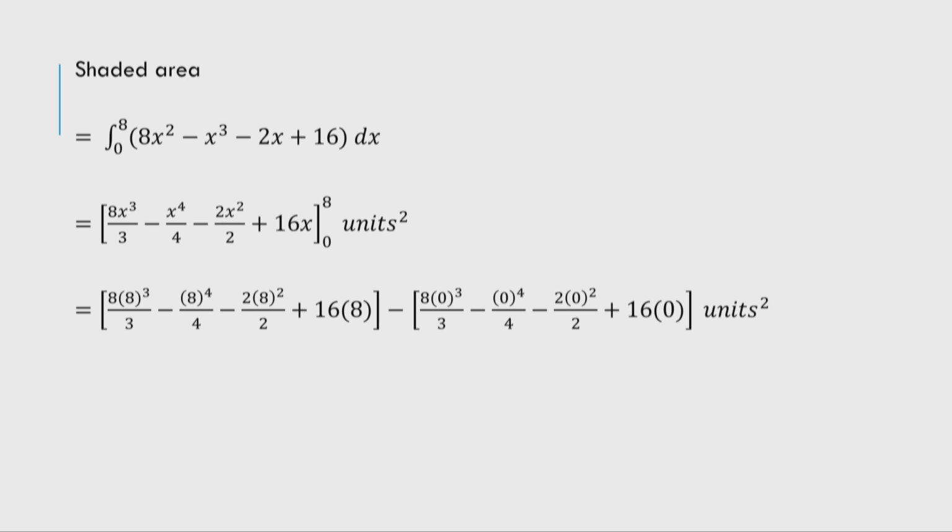Substituting the limits, we get 8 into 8 to the power of 3 over 3 minus 8 to the power of 4 over 4 minus 2 into 8 to the power of 2 over 2 plus 16 into 8 minus 8 into 0 to the power of 3 over 3 minus 0 to the power of 4 over 4 minus 2 into 0 to the power of 2 over 2 plus 16 into 0. Evaluating this, we get 405 1/3 units square.